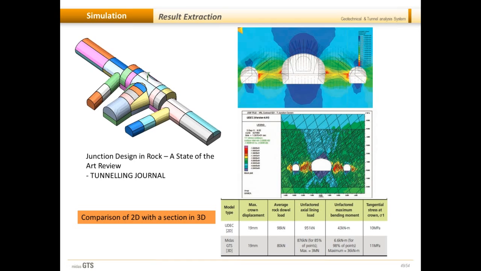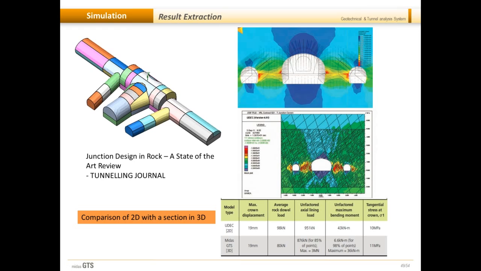And so what the engineer in charge of this project did is he compared the results with a 2D platform with a section in 3D platform, which is MIDAS GTS, and you can see the results for the overall ground displacements are the same, because this is how the ground responds. But if you see, the forces that are coming into the members from 3D analysis are lower than the 2D analysis, and this goes to show the out of plane effects.